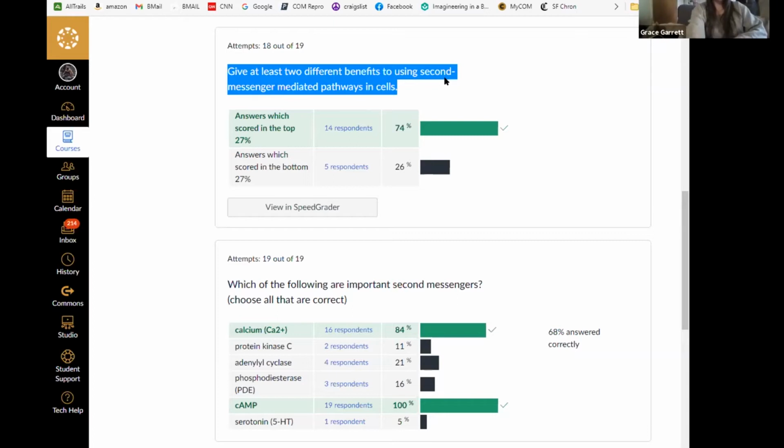Flexibility. There's a lot of flexibility, right? You can have the same receptor bind the same ligand, but have lots of different ultimate results depending on how you hook up the pathway. Or, like we mentioned, you can have many different kinds of receptors, ultimately all resulting in the exact same action in the cell.